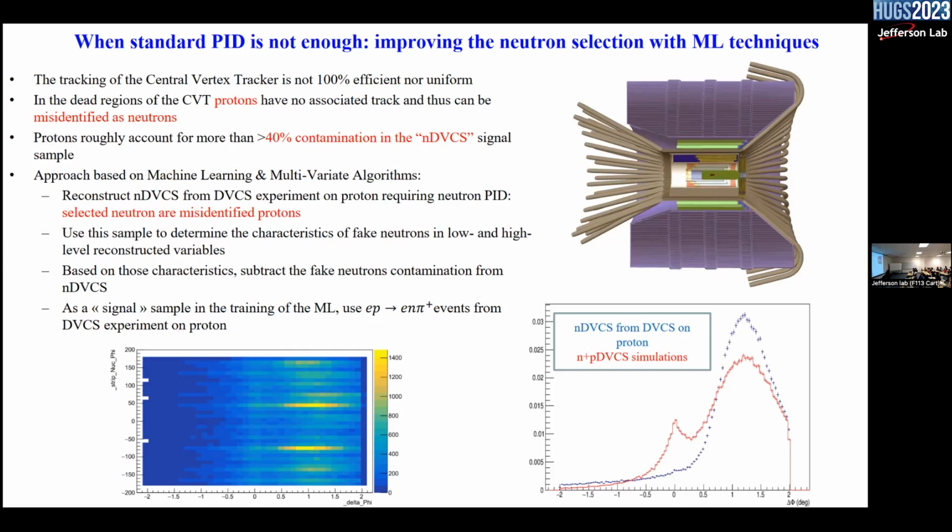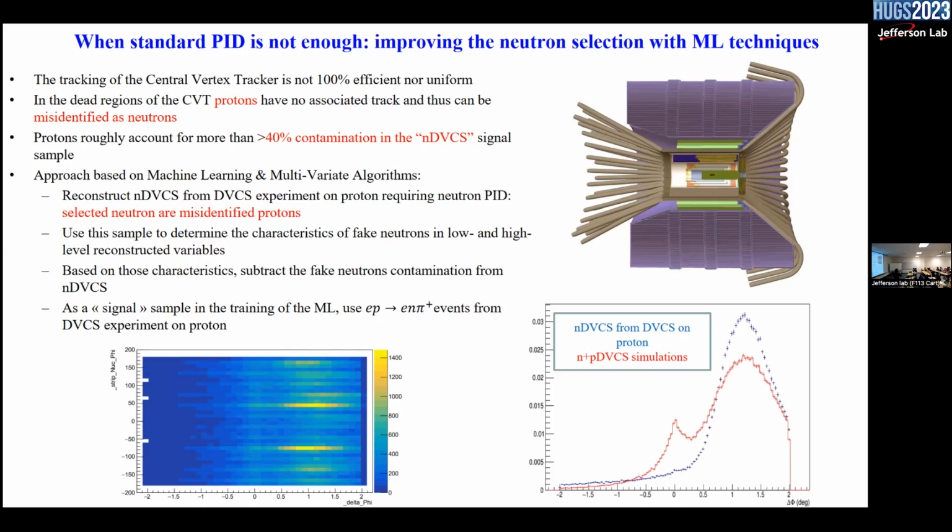So what we thought of doing is finding a way to use only the information from the neutron detector to discriminate, to find out if it's a proton or a neutron. So not rely on the tracking. And for this, we used an approach based on machine learning, multivariate algorithms. This is because you will see after, there are different detector variables that you can use to discriminate between a charged and a neutral.